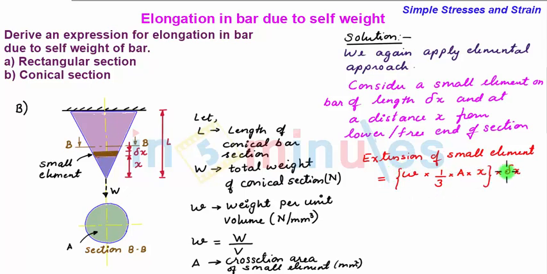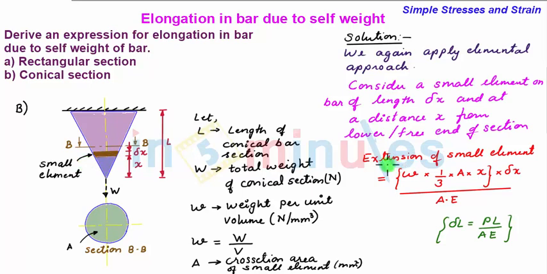This is multiplied by the length delta x upon AE, since we know delta L is given as PL upon AE, where P is the load, which is nothing but the weight of this small conical section below the element.